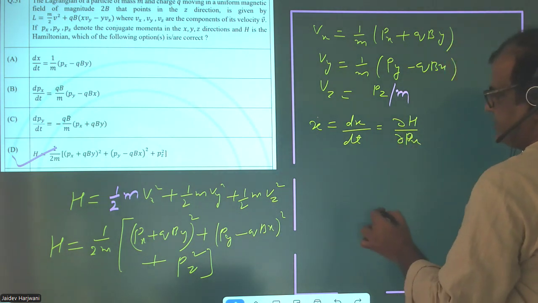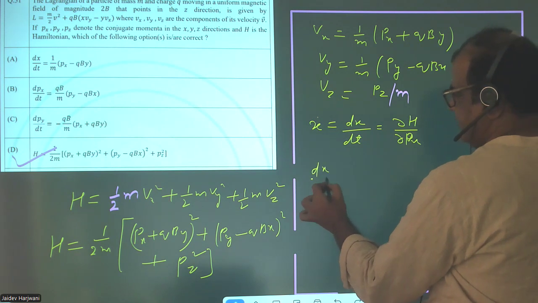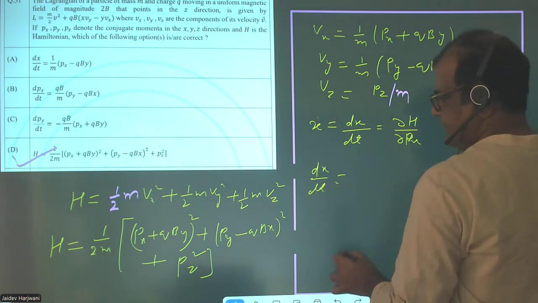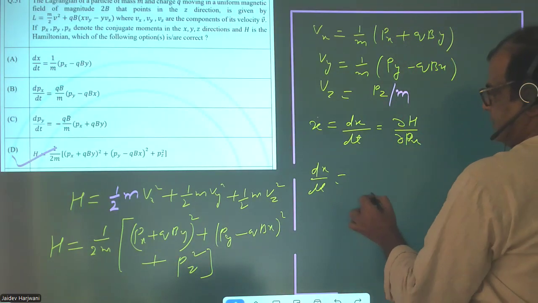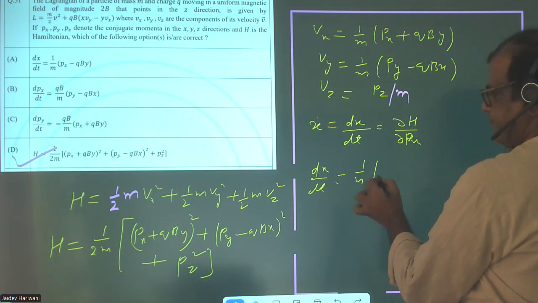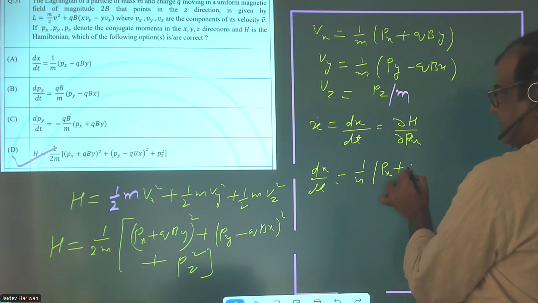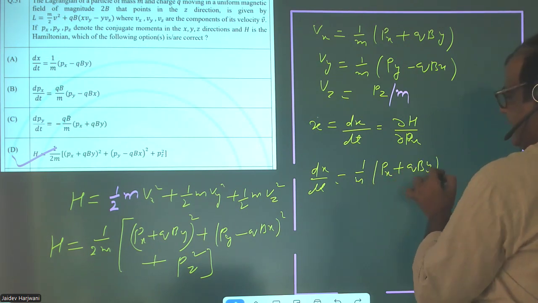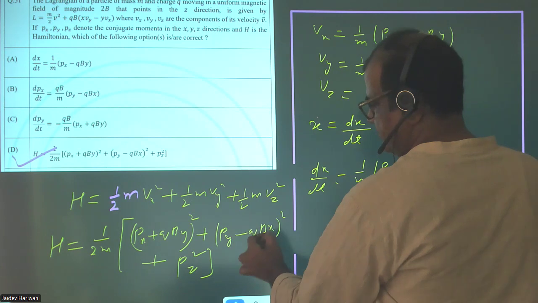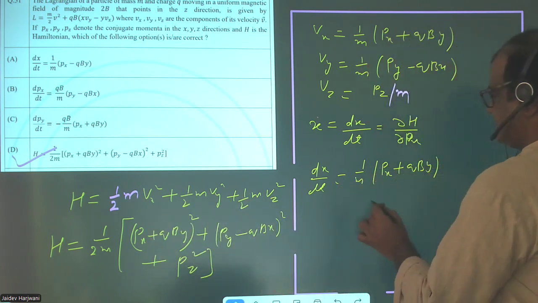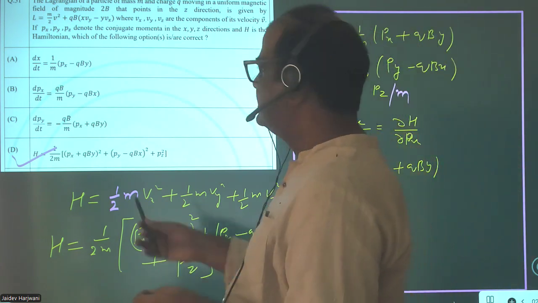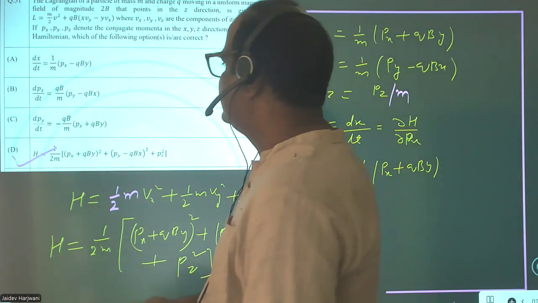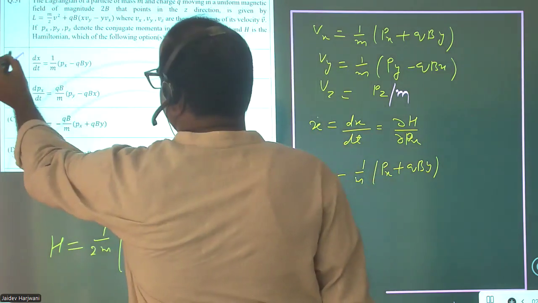So if I differentiate this Hamiltonian with respect to px, what do I get? This gives me 1 by m (px + q by), and the other terms will be 0. So this shows px plus q by, but if you see the options carefully, there's a minus there, so this option is not matching.